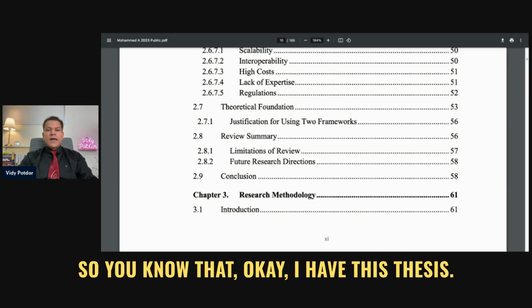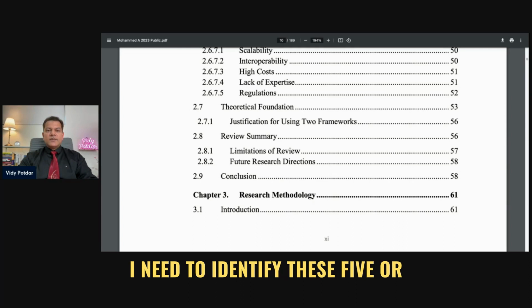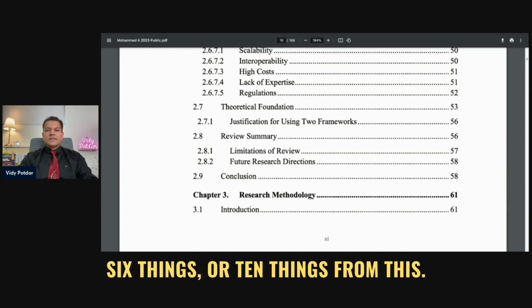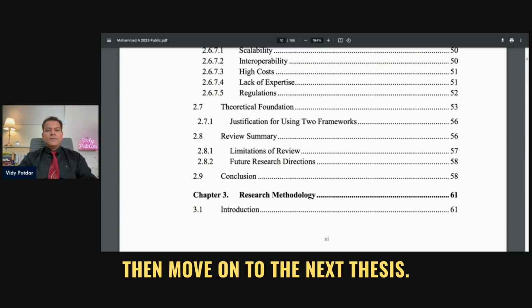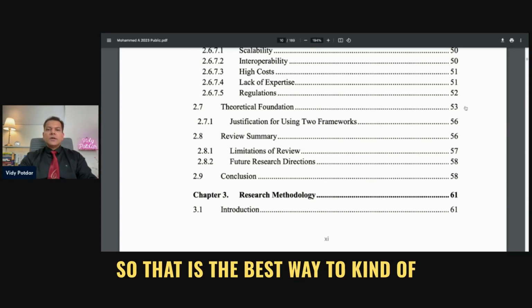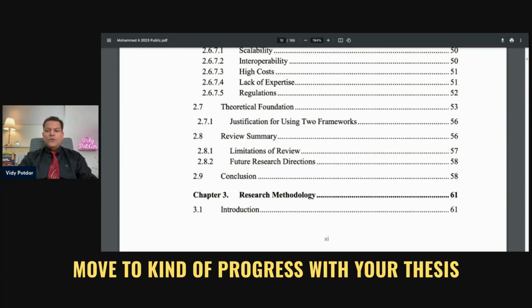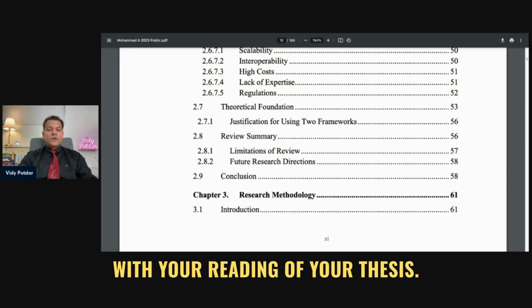So you know that, okay, I have this thesis, I need to identify these 5 or 6 things or 10 things from this. Let me start one by one, collect that information, put it in my notes, and then move on to the next thesis. Okay, so that is the best way to progress with your reading of your thesis.